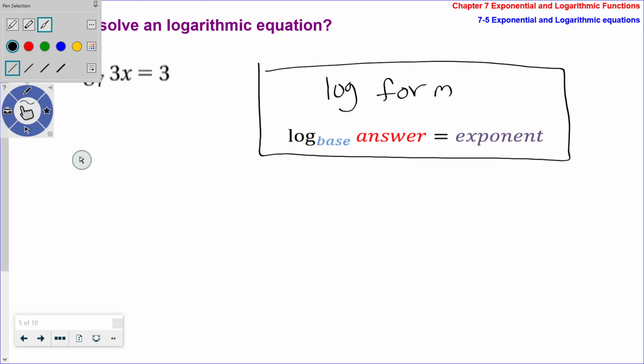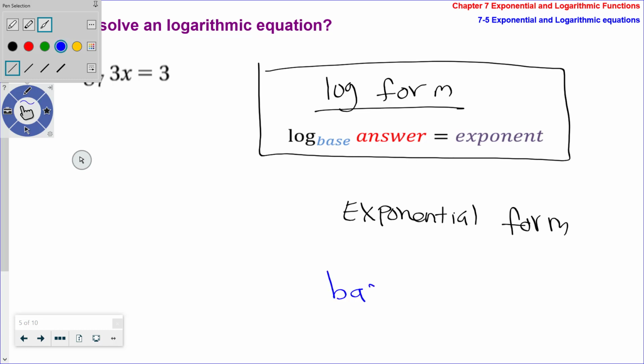If this is log form, what is exponential form? How could we display exponential form? Exponential form would be base raised to the exponent equals the answer.